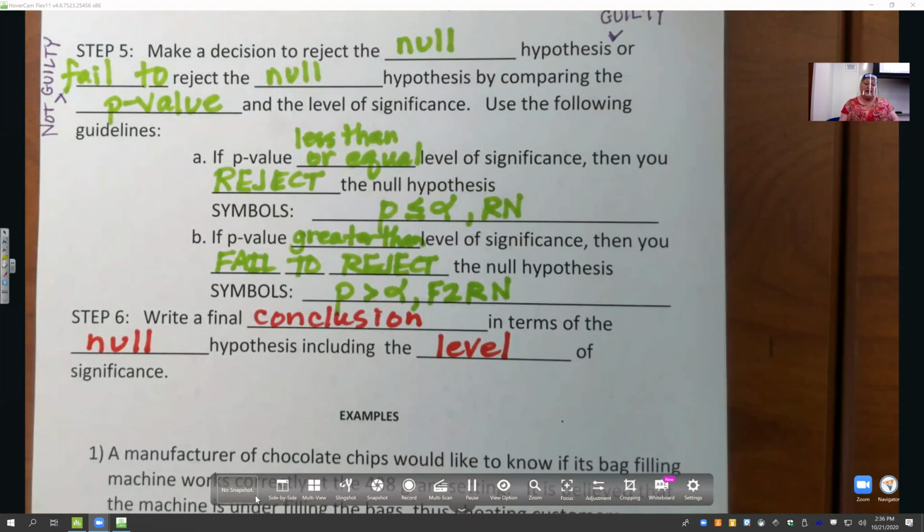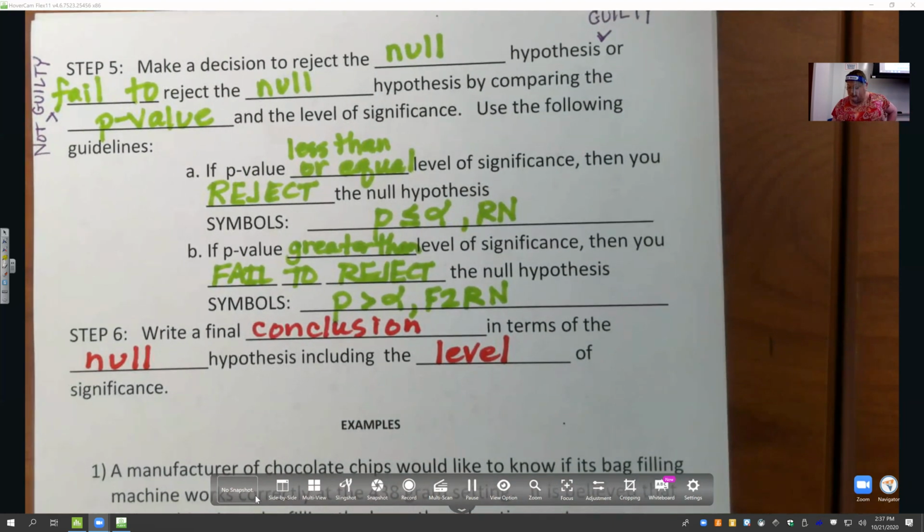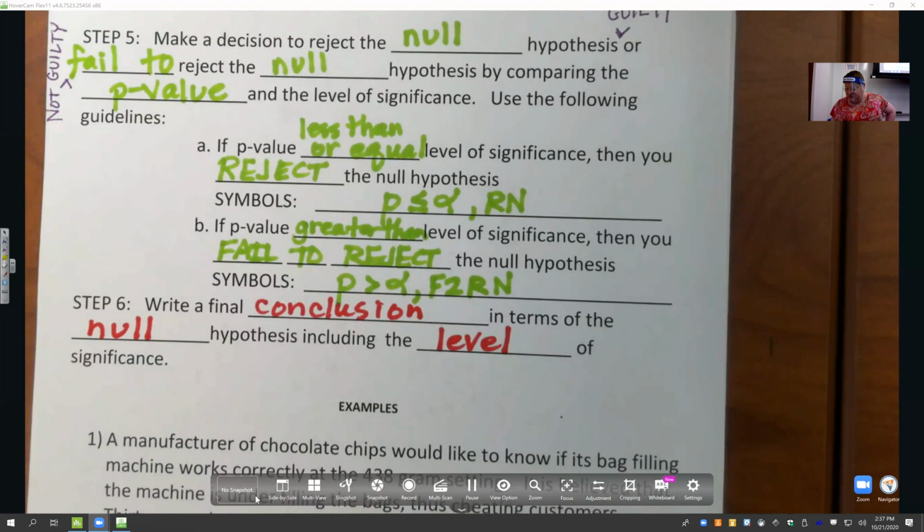Everything is predicated or tied back to that null hypothesis. Okay, so there are the 6 steps.